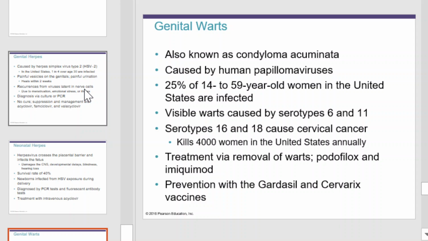Treatment via removal of warts, podophyllin, and imiquimod are common. Prevention using Gardasil and Cervarix vaccines is also common. This concludes our coverage of microbial diseases of the urinary system and reproductive system.